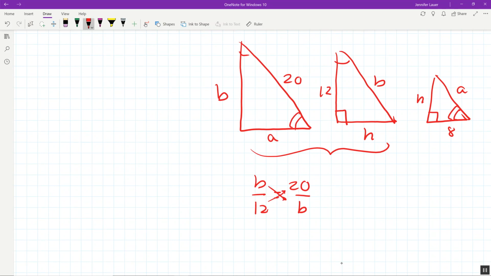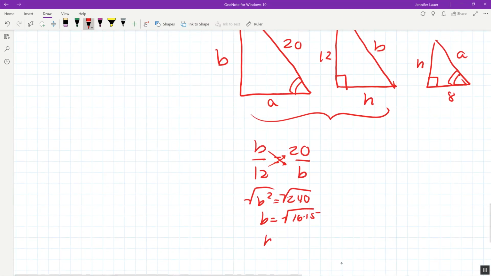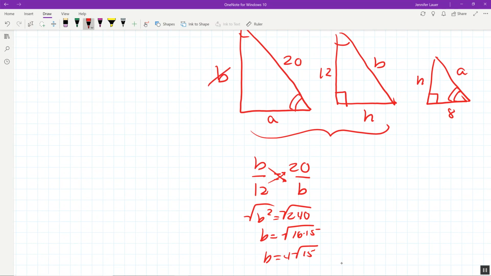So when we cross multiply, we get B squared is equal to 240. So I can take the square root of both, and that breaks down to 240 divided by 16. Yes, so this would be like 16 times 15, and then B would be 4 radical 15. And so that takes care of that.